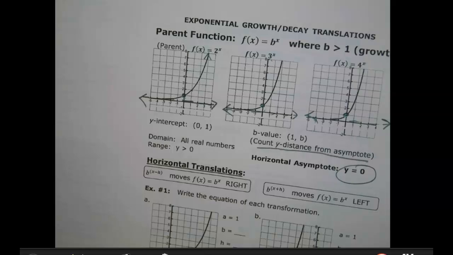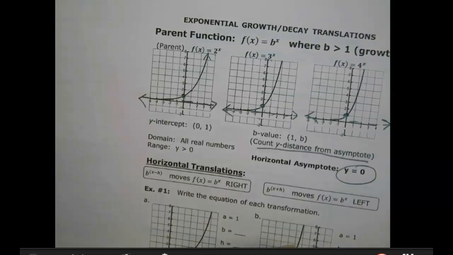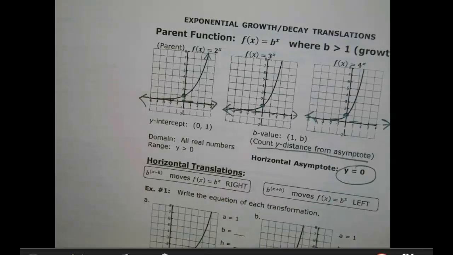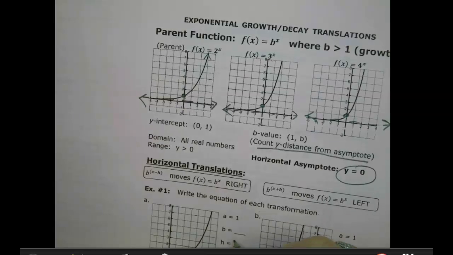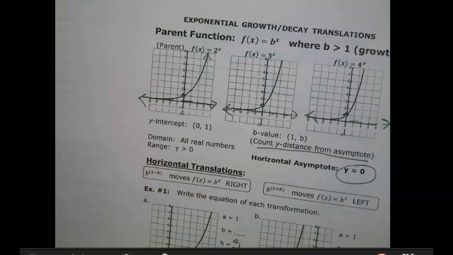It does not. So right here is where it's 1 off. How many did I shift from here to here? I shifted 3 to the right. So this is my 3.